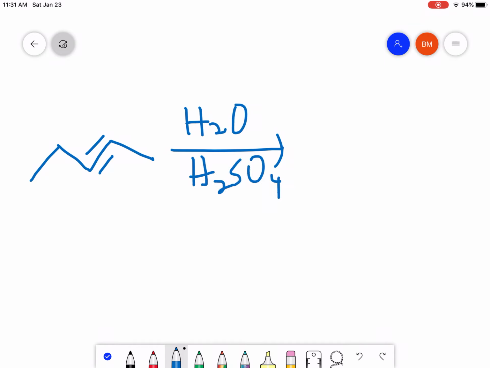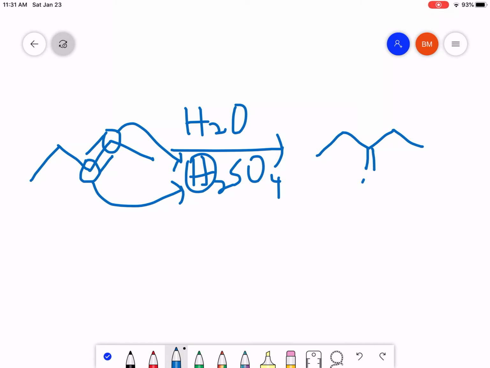I'm going to tell you just straight up, you can get two products here, and you will get two products. It's all based off of the fact that in the very first step, you have two carbons here that are different, because it's not symmetrical, but they have the same substitution pattern. So that means either one of these could grab your H. And that means you could form two different carbocations. That leads down the line to two different ketones.